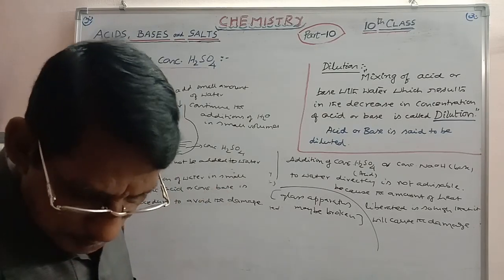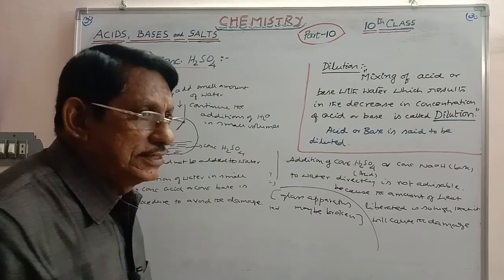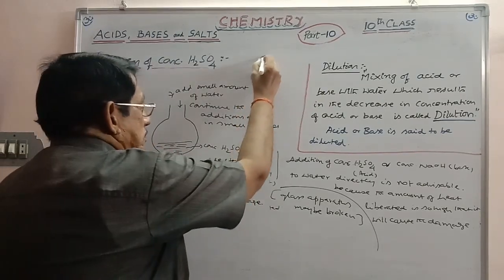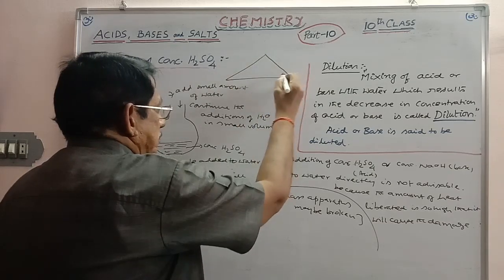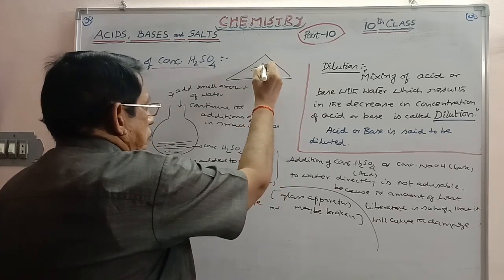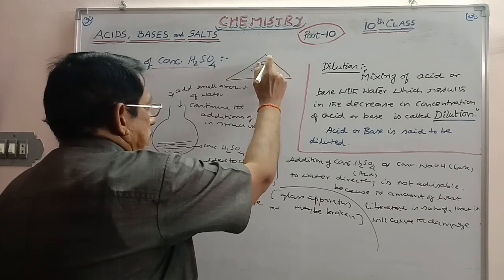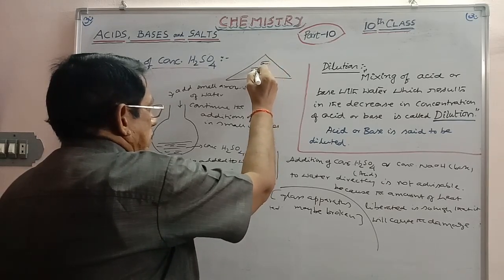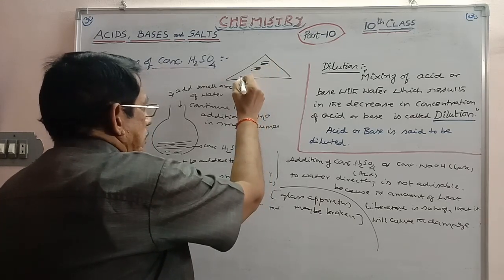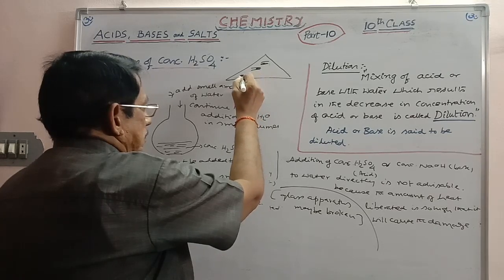And that is why whenever bottles are supplied containing concentrated acid or concentrated base, there will be a sign. They will adopt a sign like this. Here you can take 2 test tubes like this, where acid is there or base is there. You can take a wood or anything.